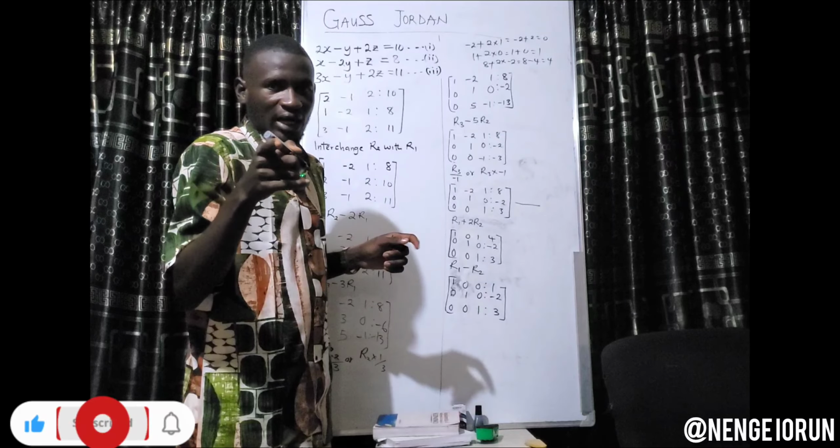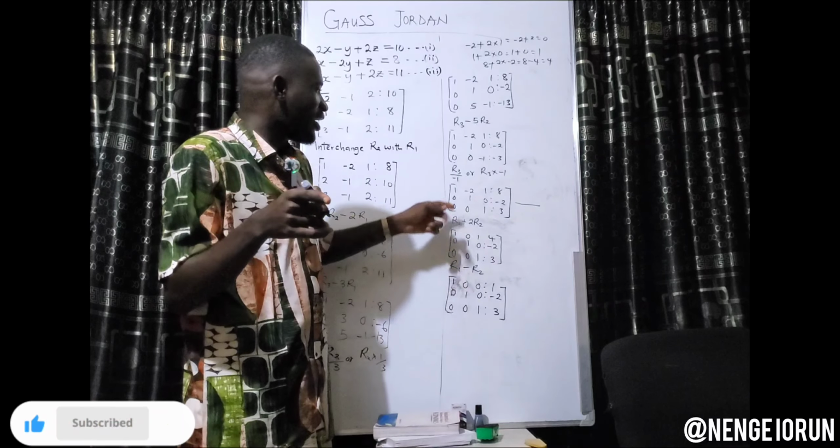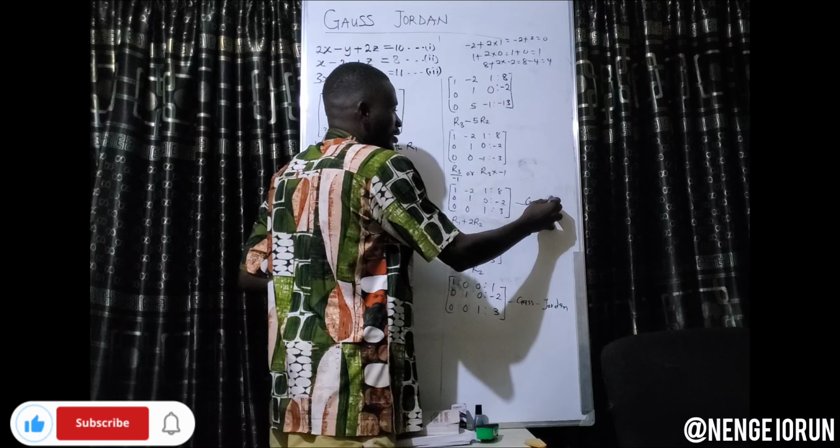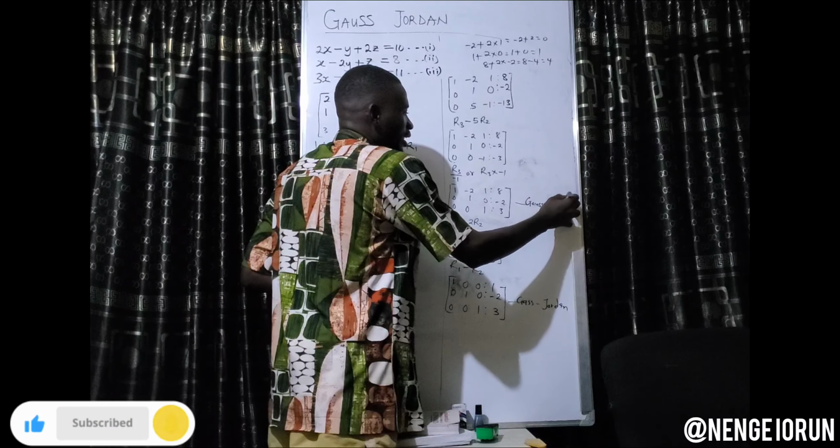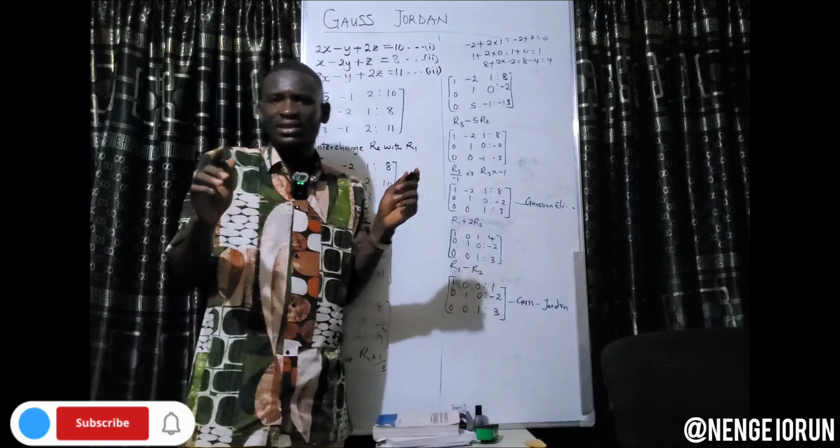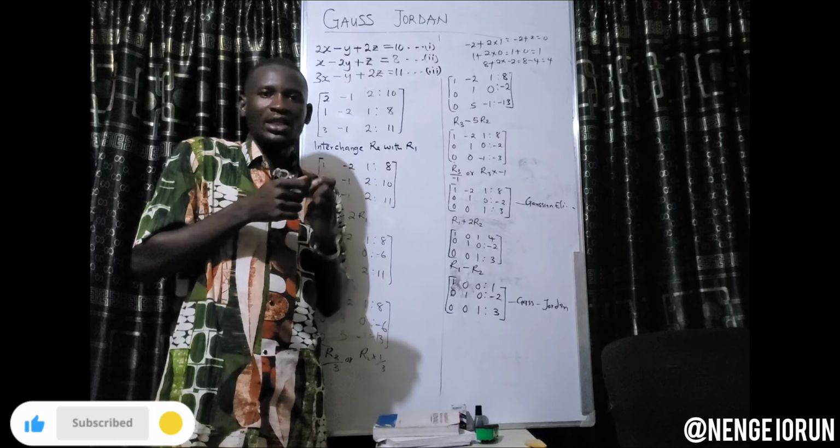For Gauss-Jordan, you extend further to a point where even all the elements above the major diagonal will be 0, 0, 0. This one is the end point of Gauss-Jordan, while this one is the Gaussian elimination. So that is what you're supposed to get clear, and it will help you.